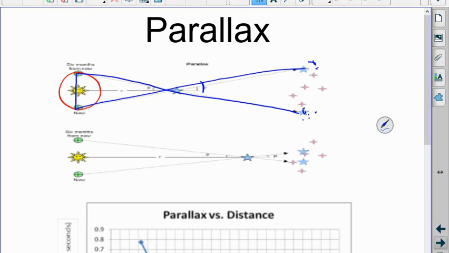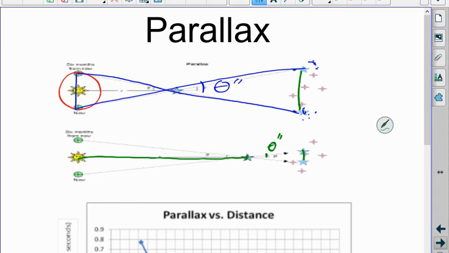This here is the parallax angle, and we call that angle theta, and it is measured in arc seconds. If a star is further away from the sun, then that gets smaller. So you can see that that theta is much smaller than it was up here. When we did our lab, we measured this as our distance and then this, and we called that parallax.